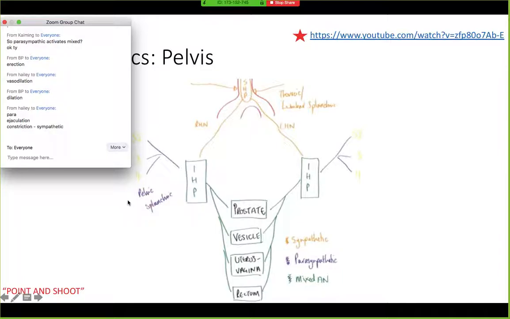Right, constriction and sympathetic fibers, yeah. So make sure you associate sympathetic fibers, vasoconstriction, and ejaculation, and the point part, an erection, and vasodilation. All right, so this is going to get you all of those points there. So remember, point and shoot.